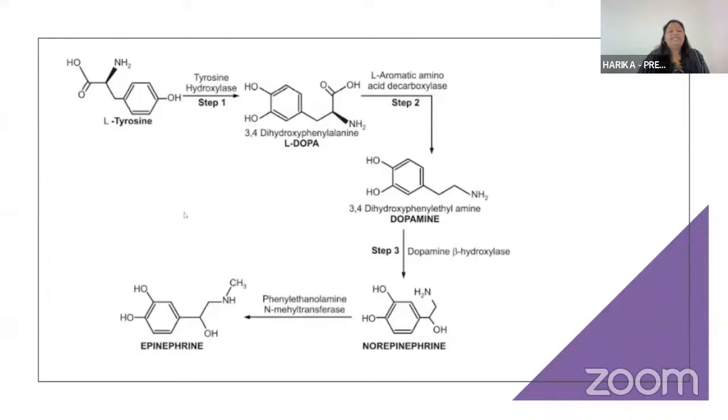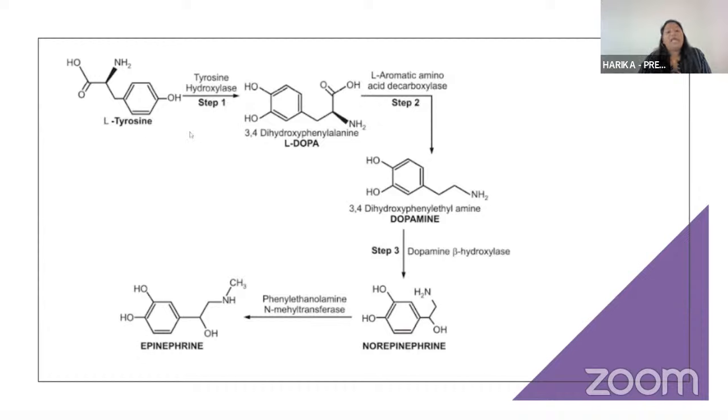So let's see how the synthesis occurs. So your L-tyrosine, here goes your first step: hydroxylation to 3,4-dihydroxyphenylalanine, or you call it L-dopa. L indicates the levo position.